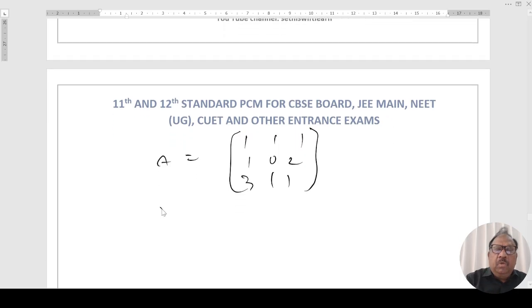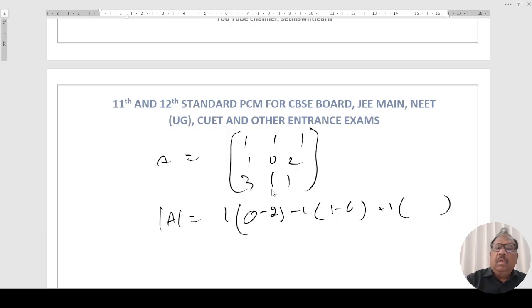Determinant A is 0 or not 0. Then we simplify it. 0 minus 2 minus 1, 1 minus 6 plus 1, 1 minus 0. On simplification, minus 2 plus 5 plus 1, that is equal to 4. 4 not equal to 0.